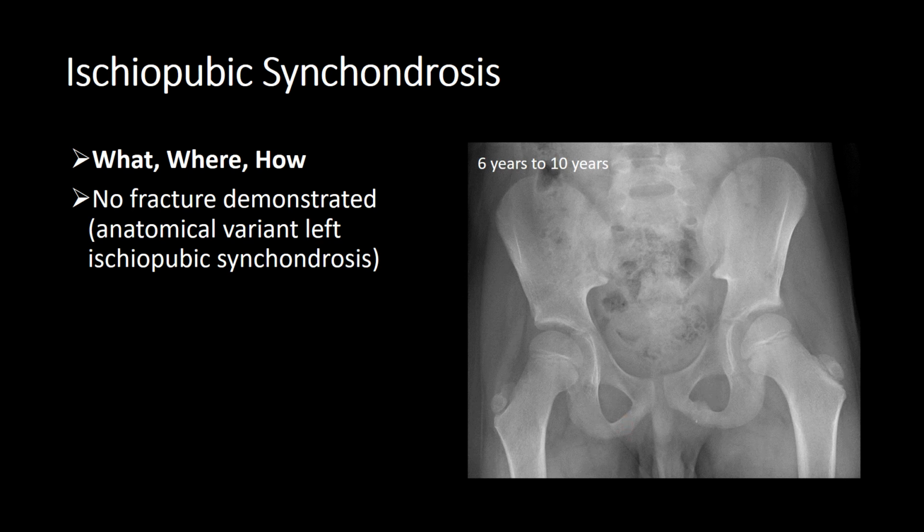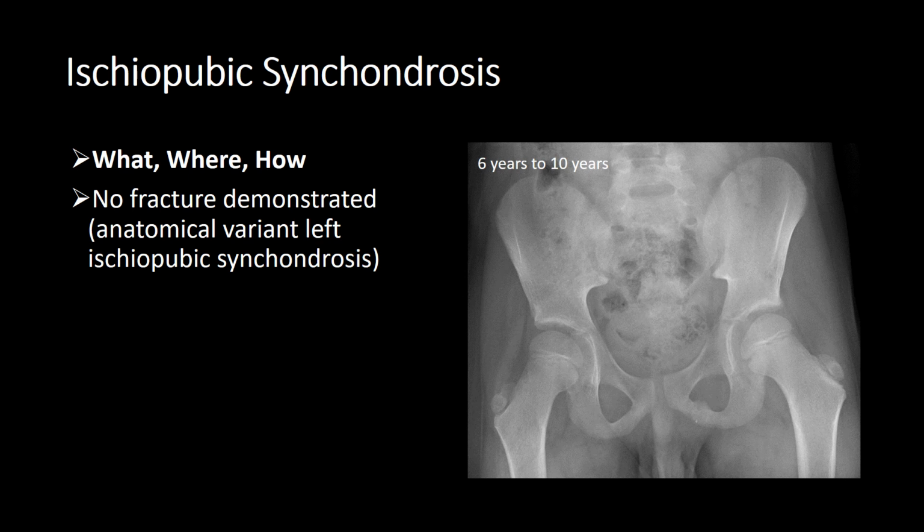This asymmetry is sometimes referred to as Van Neck-Odelberg disease. The most important thing is to recognise that this is a normal anatomical variant and should not be misconstrued as an aggressive process such as osteomyelitis or a tumour.